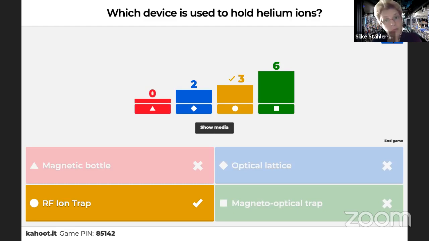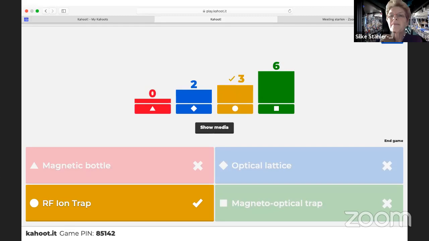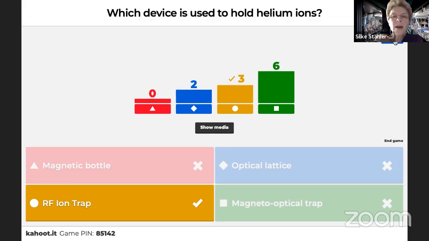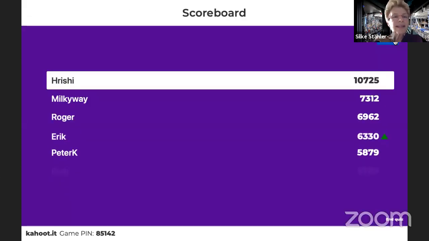The others were wrong, but I think this was a hard question. But I think Fabian explained it. So let's look at the ranking. The same in the first three places, but Eric came a little bit more in front.